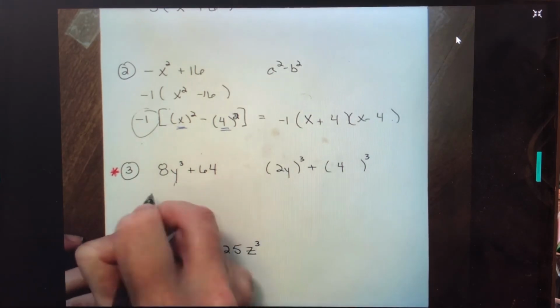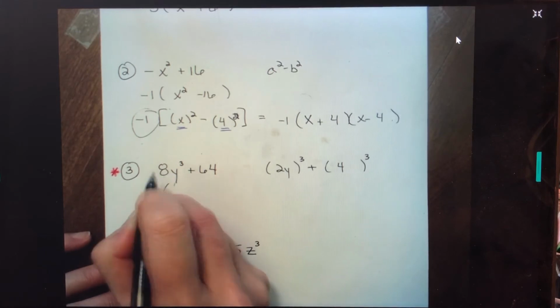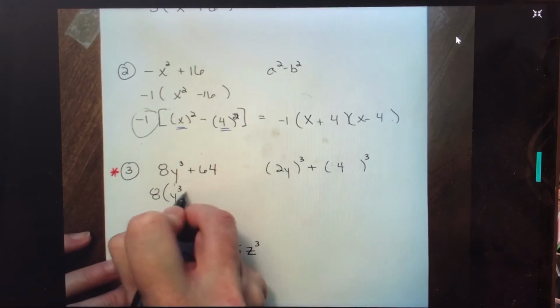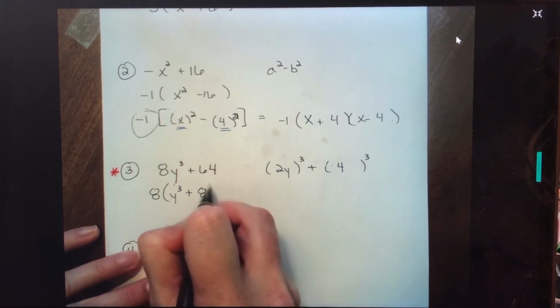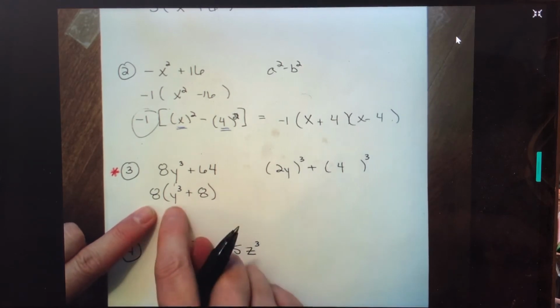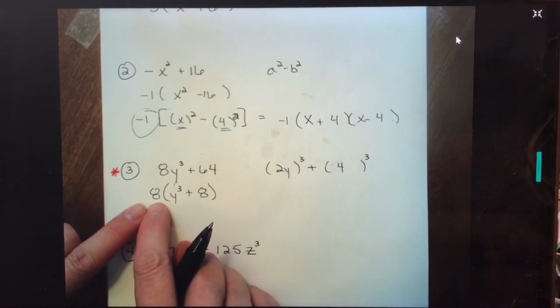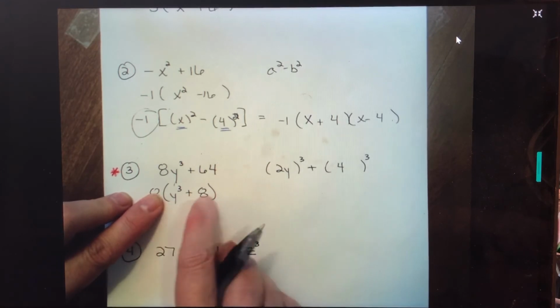So if I pull that 8 out first, I have an 8, and then what's left behind on this term is going to be a y cubed. And when you take 64 and divide that by 8, you actually have an 8 that is left behind. And so when you look at this problem, now the GCF is out front, and this is the sum of cubes now.